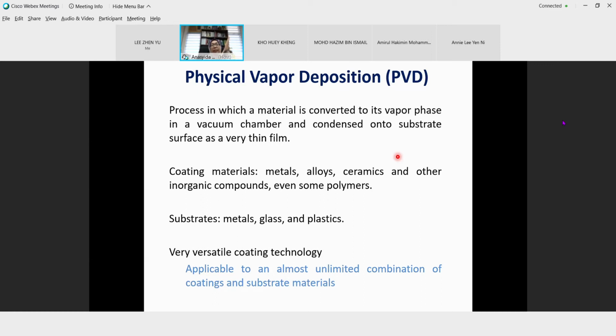Then it forms a thin film on the part. The coating material that we use can be metals, meaning pure metals, alloys, ceramic, and also inorganic compounds. The substrate can be metal, glass, as well as plastic.